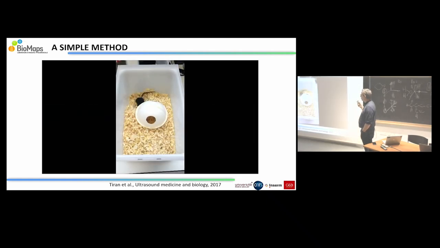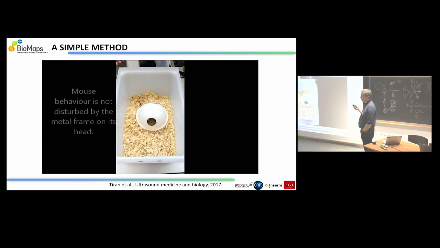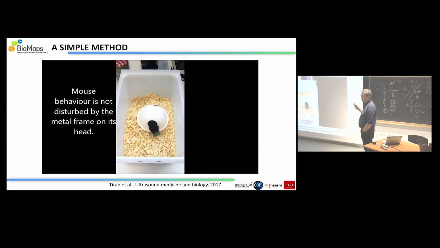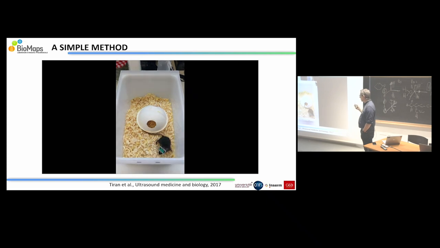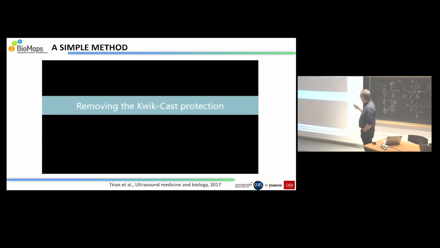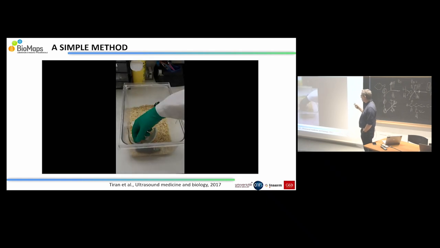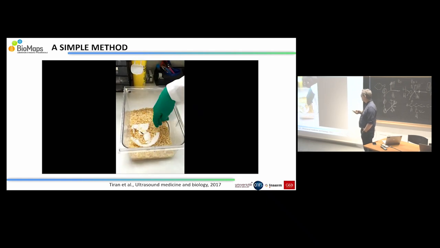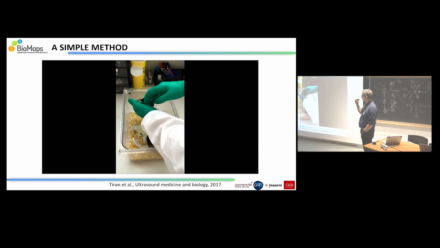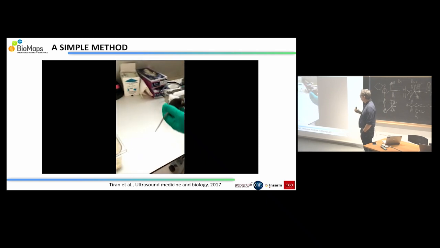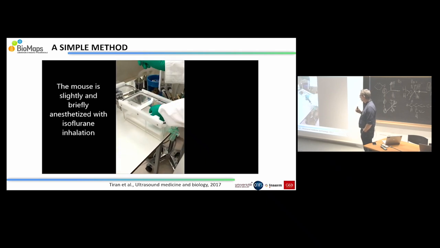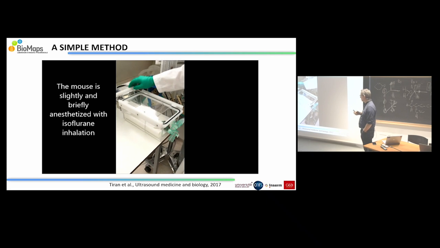Now, if you use a mouse, you just need to remove the hair, sorry, and you can do the experiment with the full skull, because the skull is thinner, and like this ultrasound has no problem to go through it.